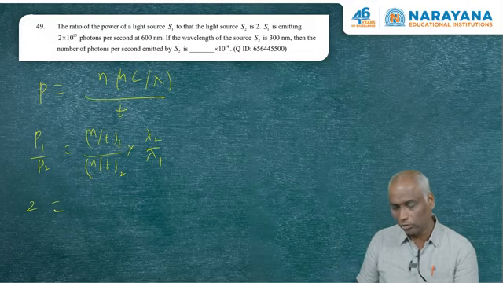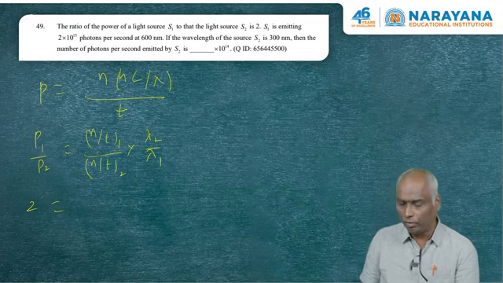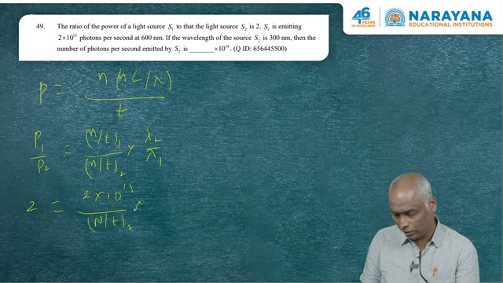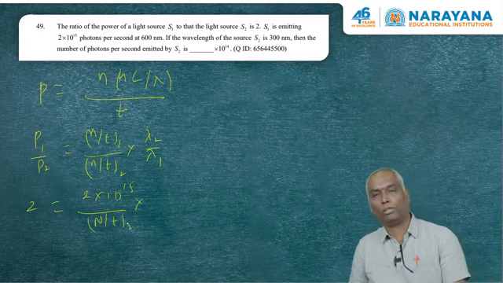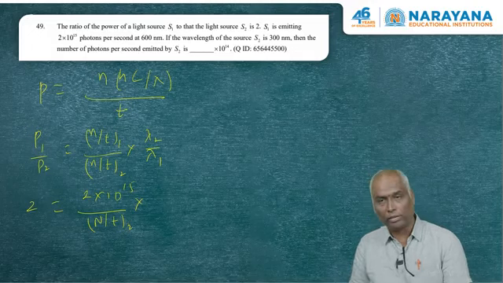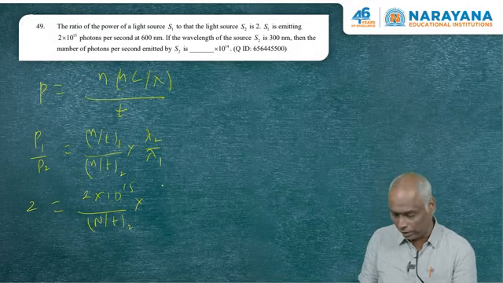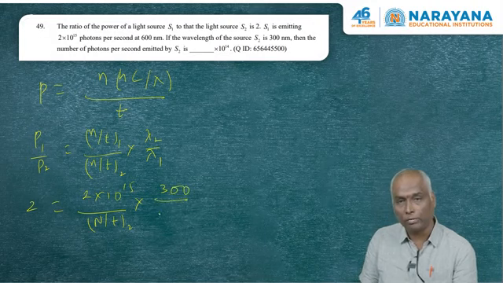That equals N by T of 1, the number of photons emitted per unit time by the first source, which is 2 into 10 to the power of 15, whole divided by N by T in the second case, into the ratio of wavelengths. This is a ratio of wavelengths, so there is no need of converting the units. The value of lambda 2 is 300 nanometers divided by lambda 1, which is 600 nanometers.